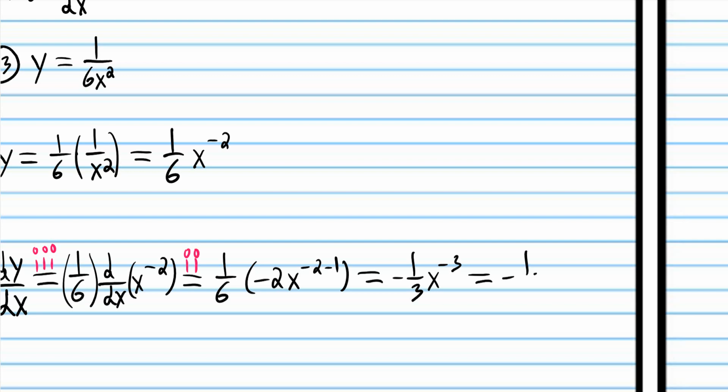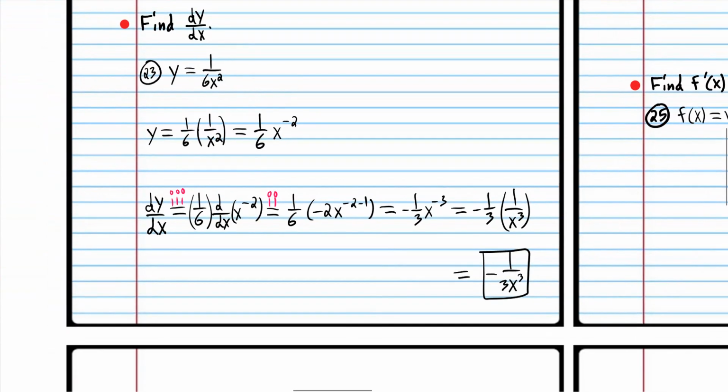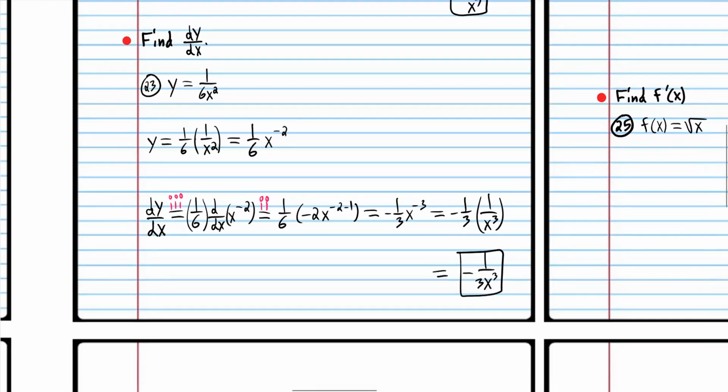And then we're going to change the form of that expression using exponent rule number 8. And the final answer, if we multiply those fractions, is negative 1 over 3x cubed. So there you go. That's just another variation of these problems.